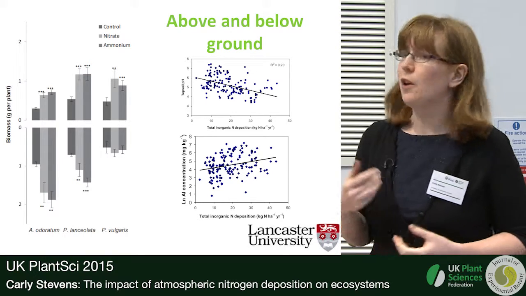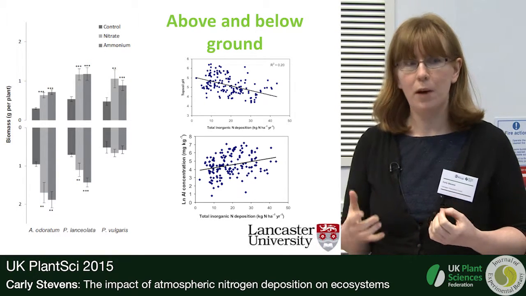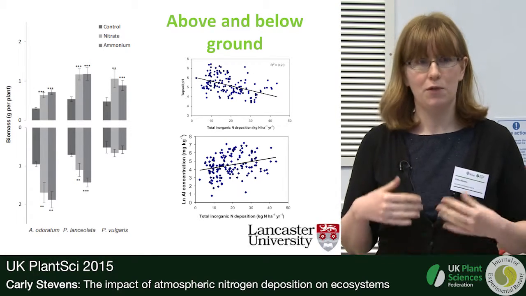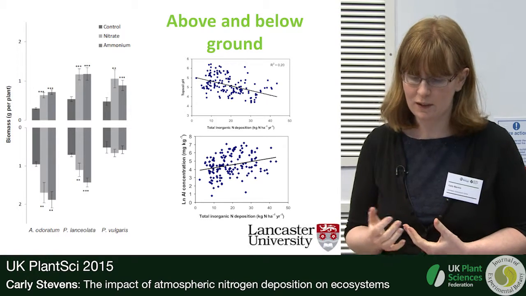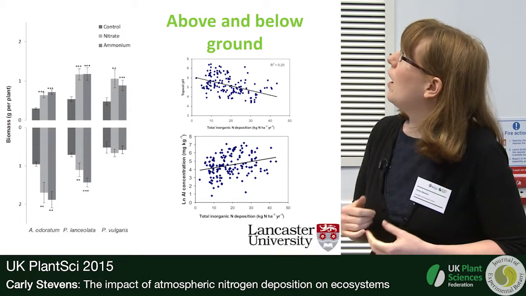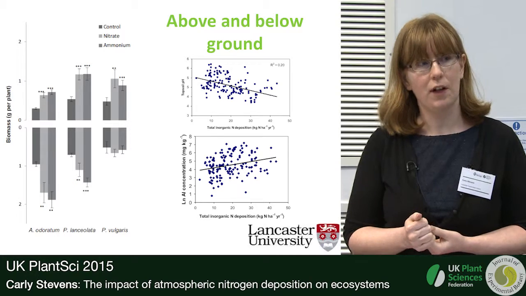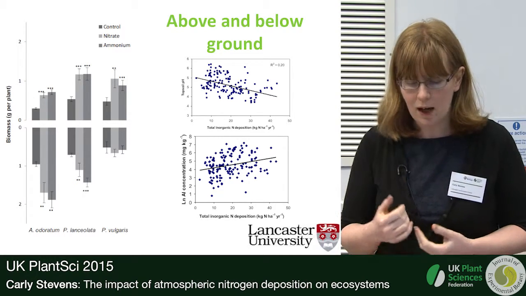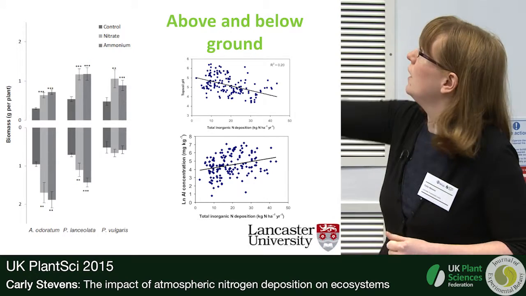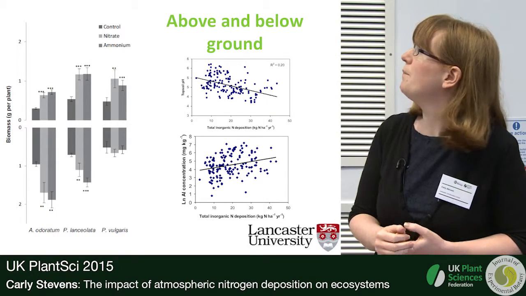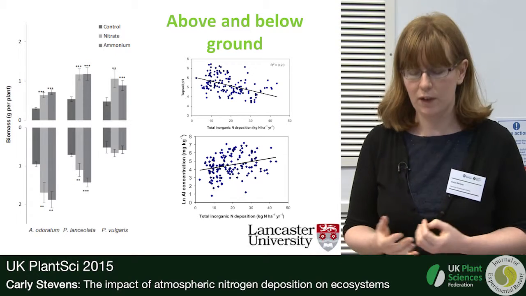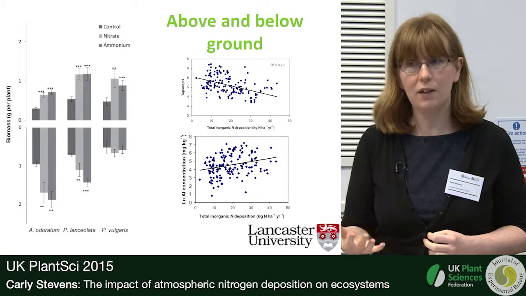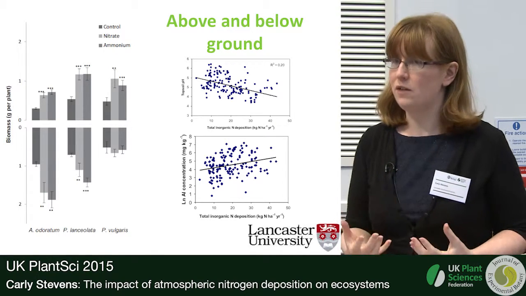Now, I've talked a lot about the above ground responses, but actually those below ground responses are what are driving this. And I mentioned acidification as a very important driver, and this is data from a gradient in the UK. And you can see that pH in this top graph here is a very important driver. So as nitrogen deposition is increasing, soil pH is decreasing.